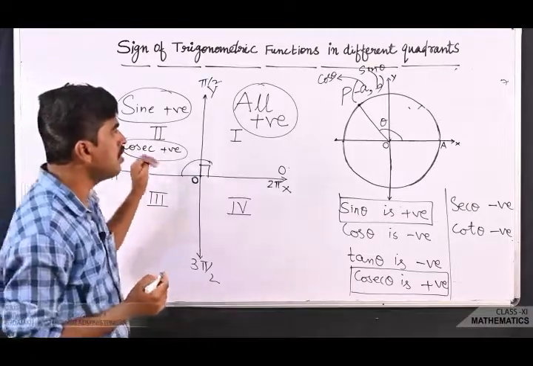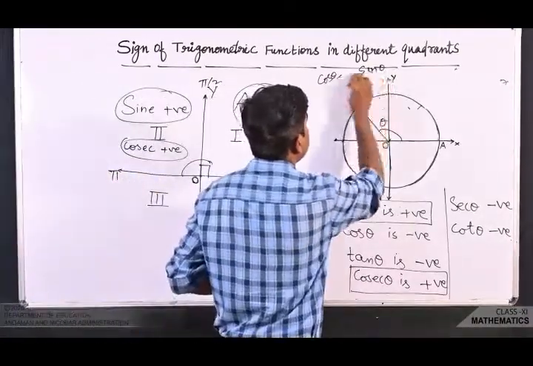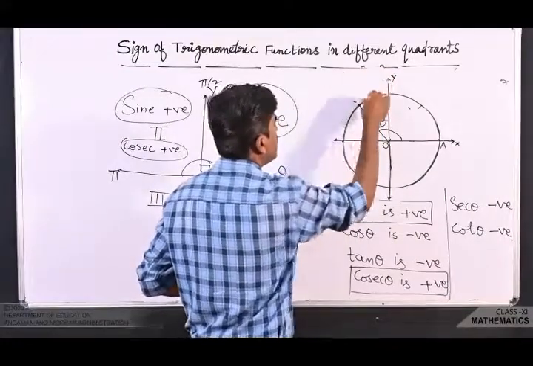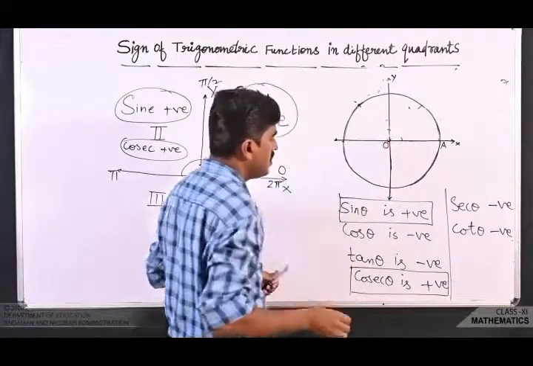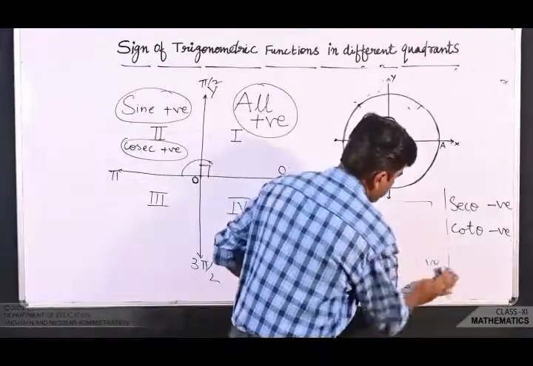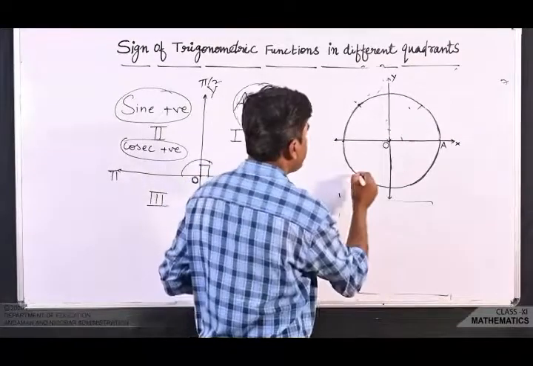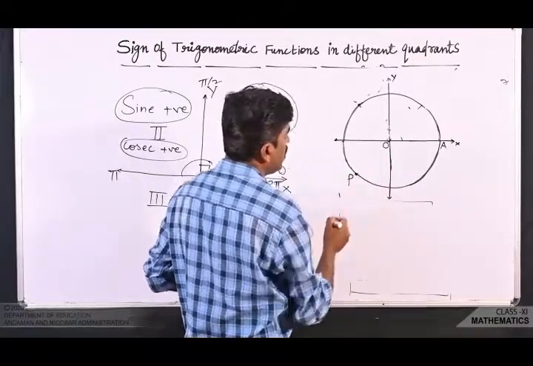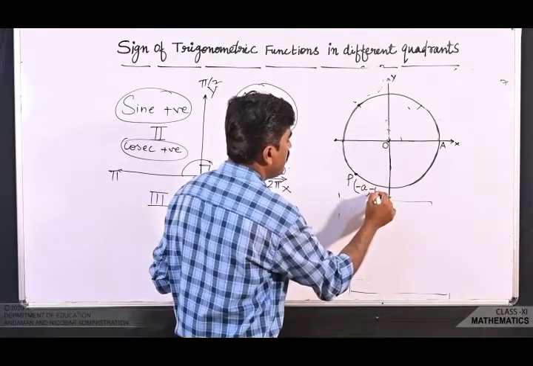Now, if we take this point P in the third quadrant, third quadrant means where theta is greater than pi and less than 3 pi by 2. If we take the point P here, the coordinates of P are minus a comma minus b.